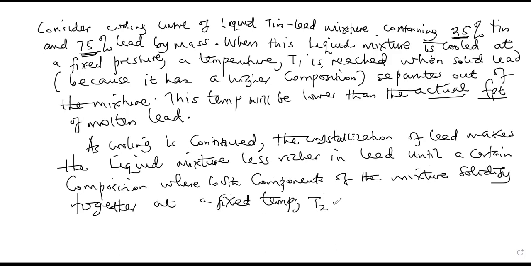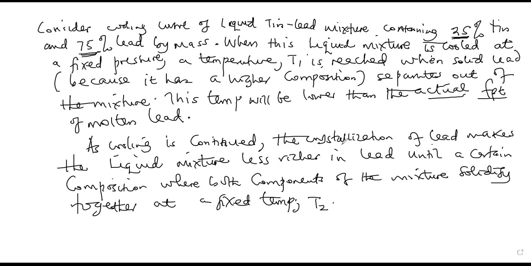Very clear information. Generally at first, lead separates out of the mixture because of its higher composition, at a temperature lower than the actual freezing point of molten lead. But as the cooling is continued, the crystallization of lead makes the liquid mixture less rich in lead, because lead is being removed.